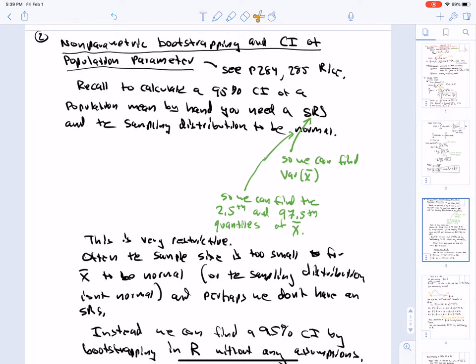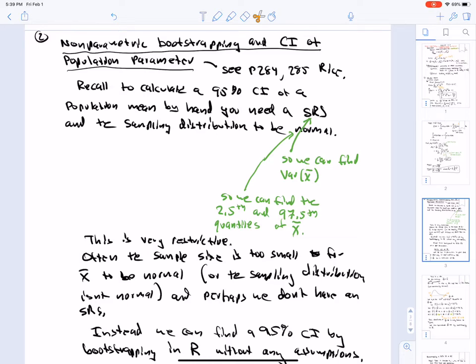Next, I'm going to show you how to do a non-parametric bootstrap and confidence interval for a population parameter. So the motivation for this is that sometimes you get your sample not by SRS, and sometimes your sampling distribution isn't normal.